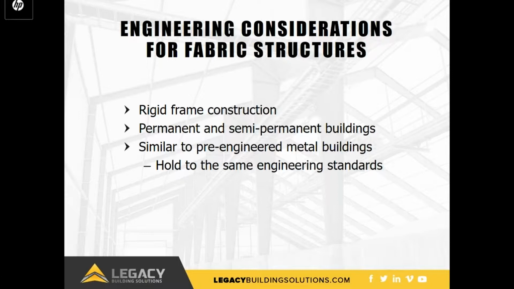As the webinar continues, you may notice that these buildings are structurally similar to pre-engineered metal buildings. Both use the same frame type and are fabricated at a manufacturing facility before being field assembled at the job site. The prevailing difference, however, is in how the cladding material integrates with the frame.